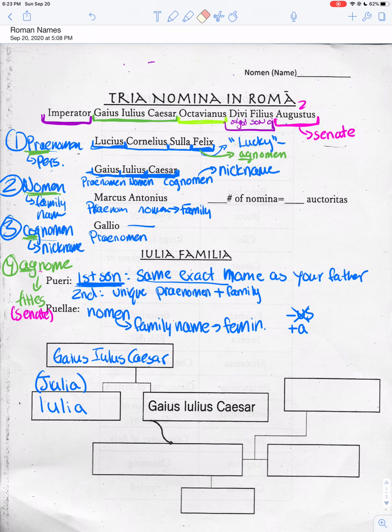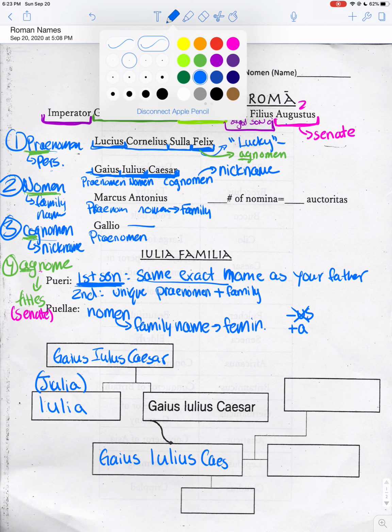So, going further with this, Octavius, we know, was adopted by Gaius Julius Caesar. So he was the first son, so his name would be Gaius Julius Caesar. Here, let me mark some of these.